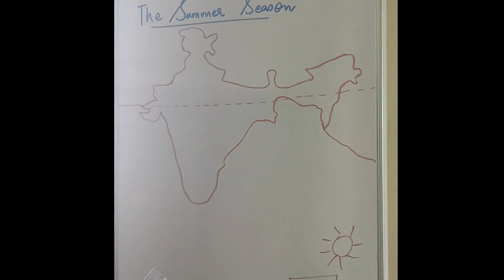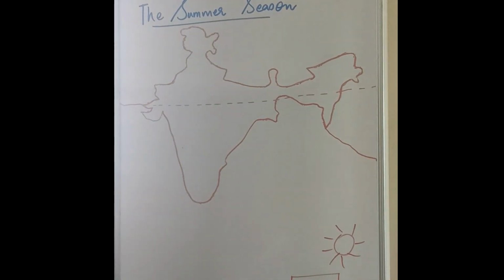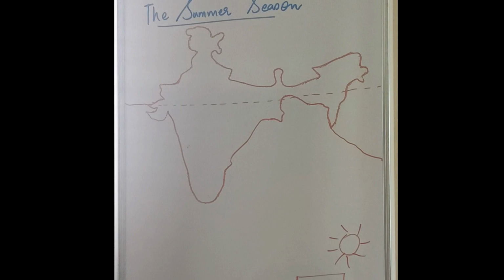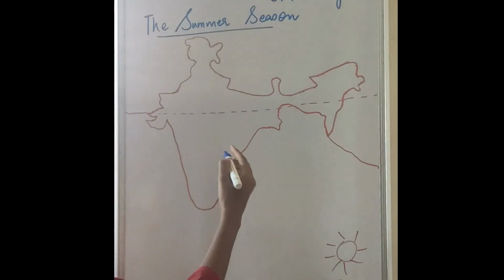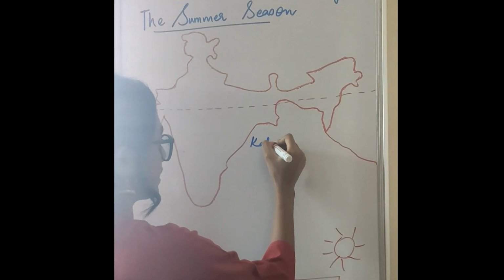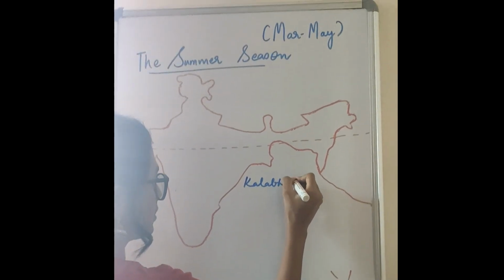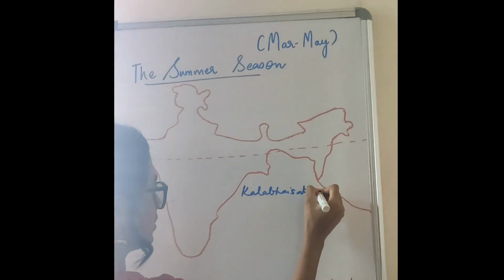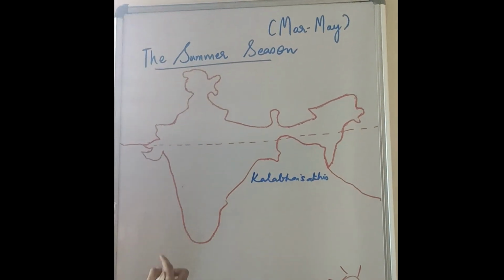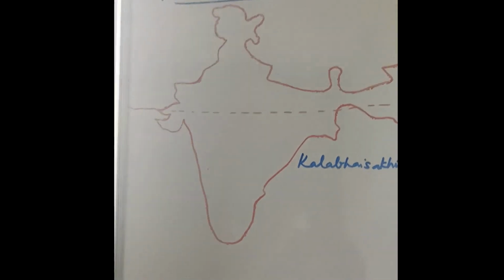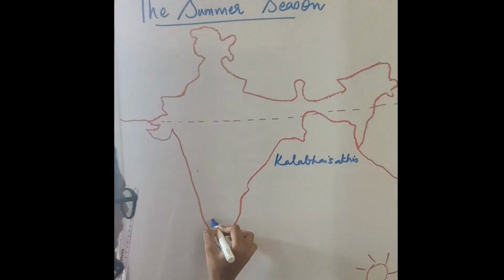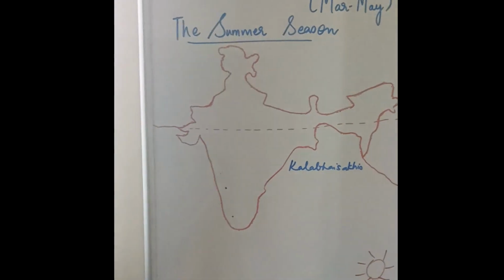Another thing that happens is there will be very local thunderstorms that occur in the summer season, and they are called Kala Baisakhi in West Bengal. Over here in Kerala we get something called the mango showers, and for Karnataka we have coffee blossom.